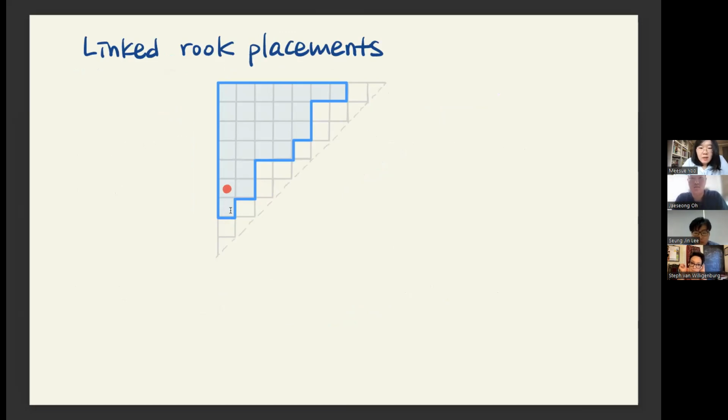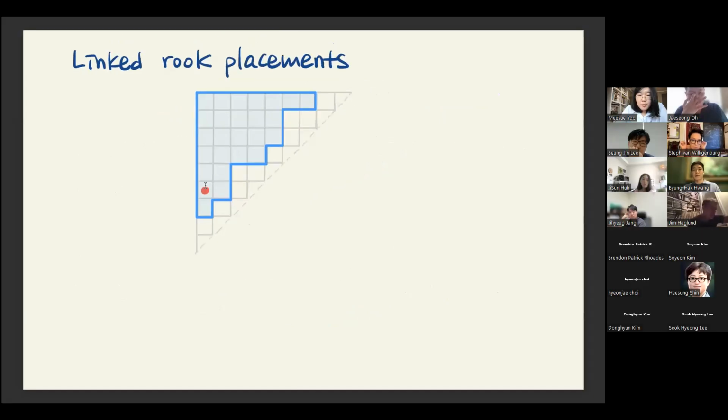Say this is the partition shape, which is above the Dyck path. And then I'm going to place a rook, a linked rook. Now, basically, rooks attack the cells in the same row or column. So you're supposed to place at most one rook in each column or row. But then our rook is going to be linked. So I place the rook here, and then the rook emanates away.